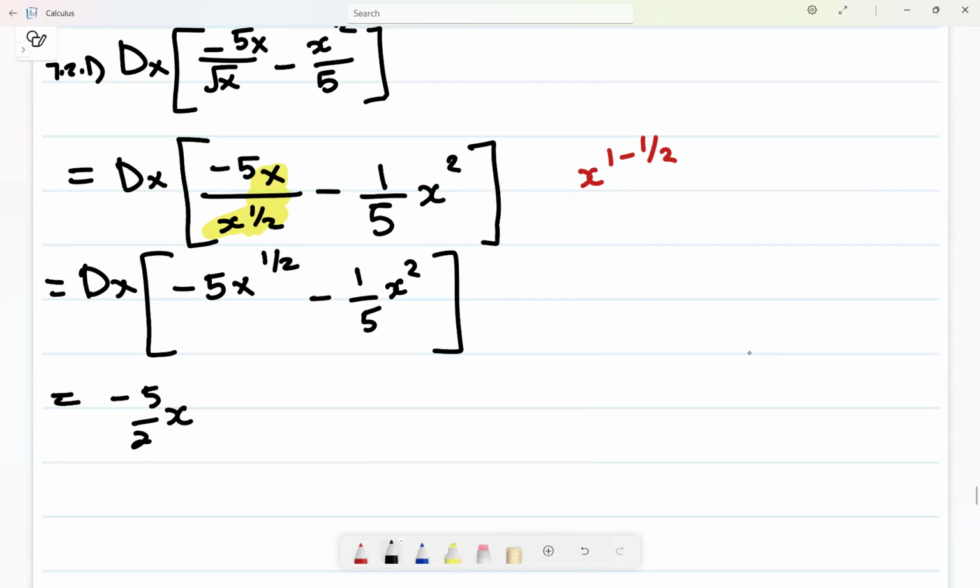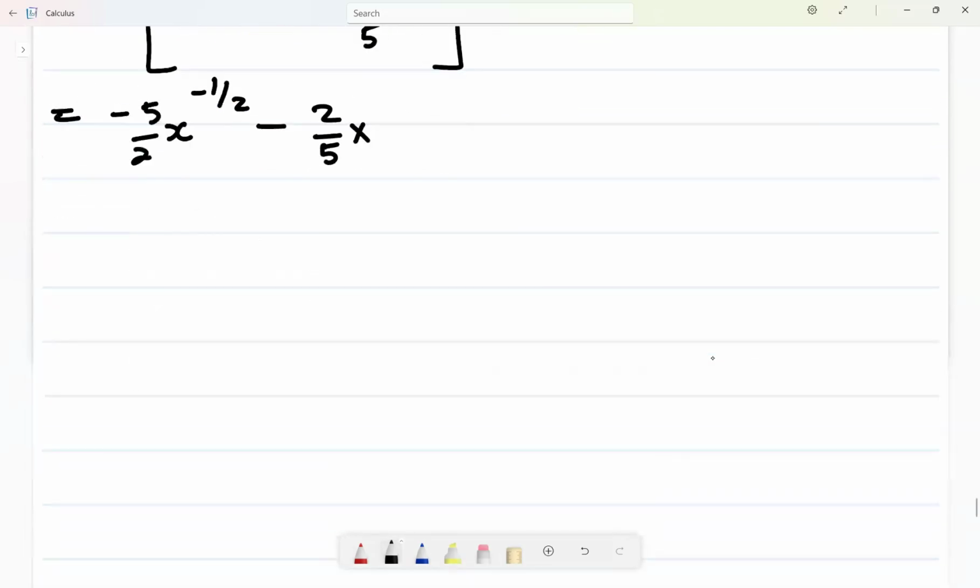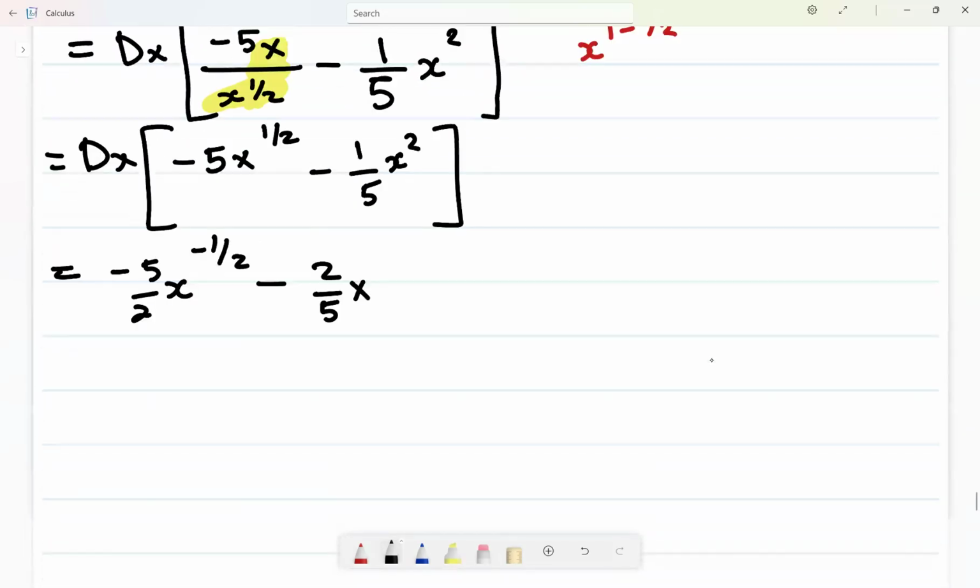X, half minus 1, it is negative half. Minus 2 multiplied by 1 over 5 is going to be 2 divided by 5x. This x, remember 2 minus 1, it is just 1. Yes. So we just simplified that.